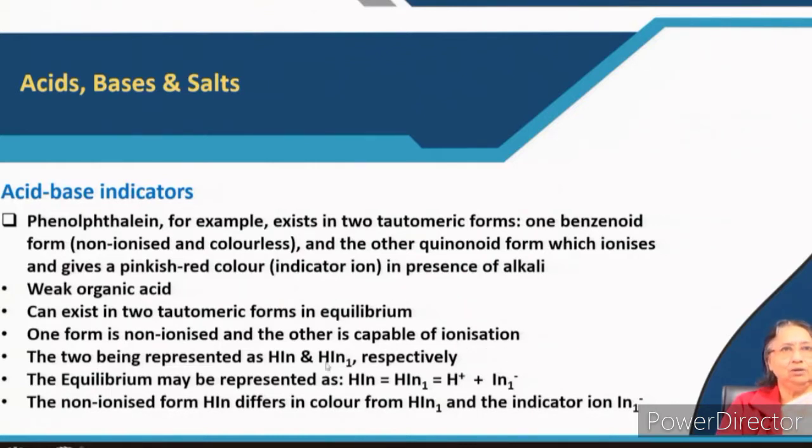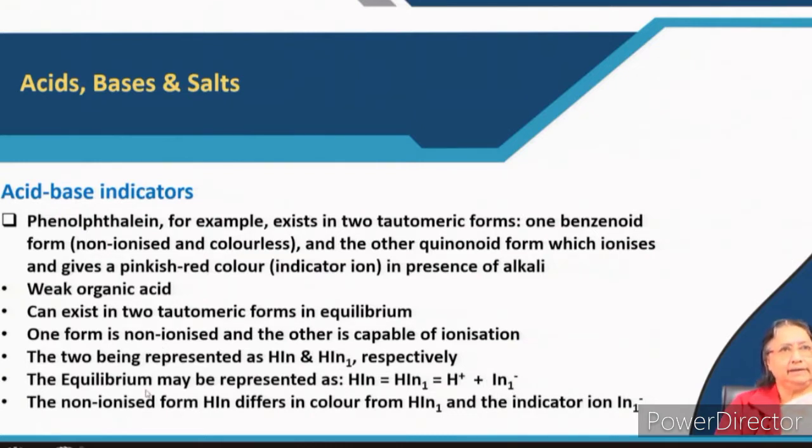Now, if we represent the non-ionized form as HIN and the ionizable form as HIN1, then we can say that it is the equilibrium between HIN and HIN1, and HIN1 immediately dissociates because it is the ionizable form. So, it can dissociate into H plus ion and IN1 minus ion.